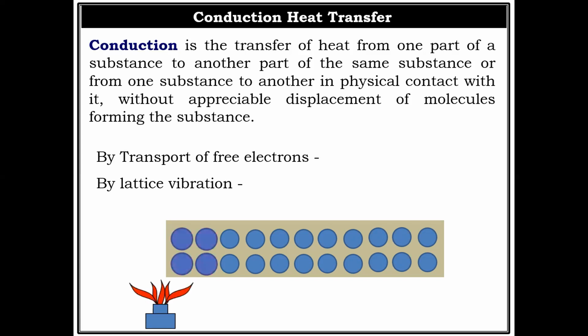Due to the vibration, they collide with nearby molecules, and in the collision they transfer energy to the second layer, second to third, third to fourth. In this way, the whole lattice vibrates due to energy, and energy gets transferred layer by layer from the hot end to the cold end. This is called heat transfer by lattice vibration.